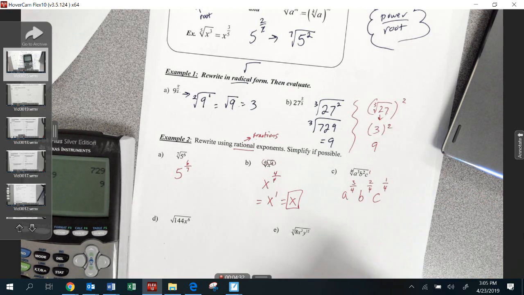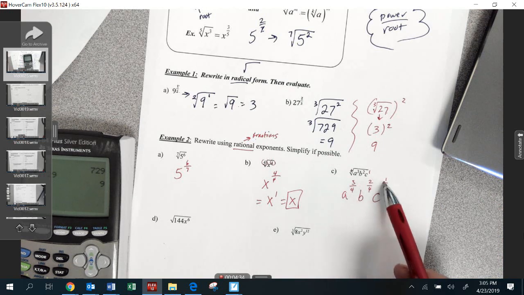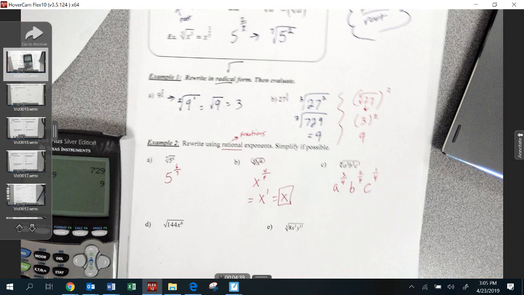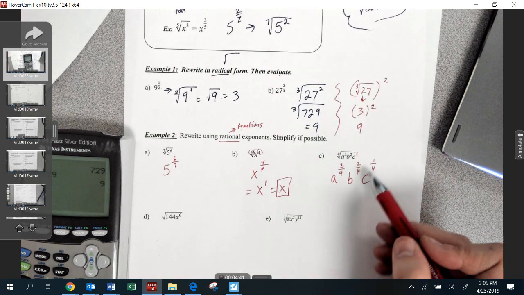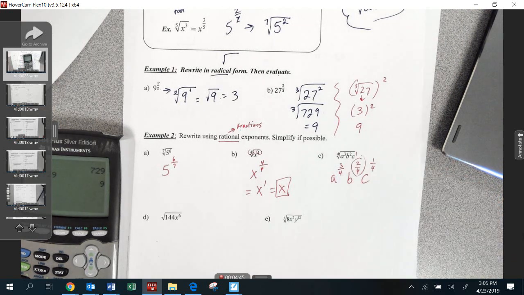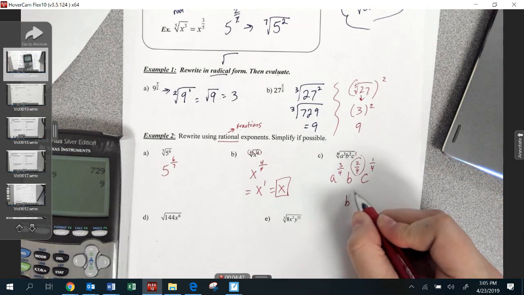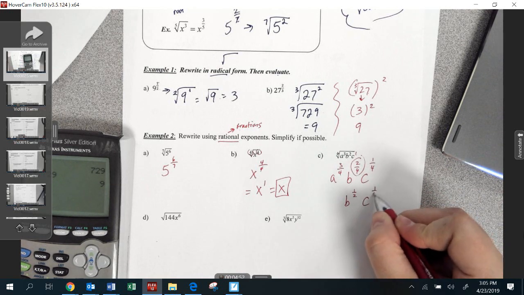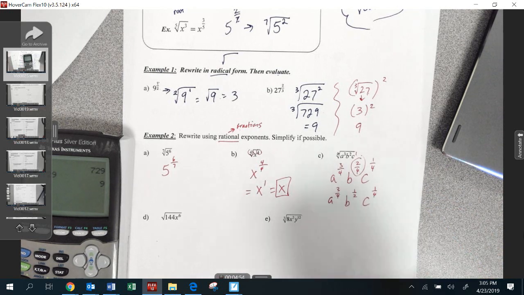All of these share the same root. The powers become all the numerators. And since there was no number on c, it's understood to be just a 1. Now I'm going to check to see if there's any simplifying I can do. This fraction here can be simplified, so I'm going to turn that into b to the 1/2. Neither of the other two can be simplified, so I'll just bring those on down.